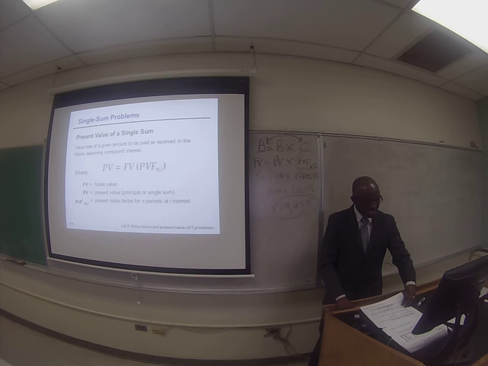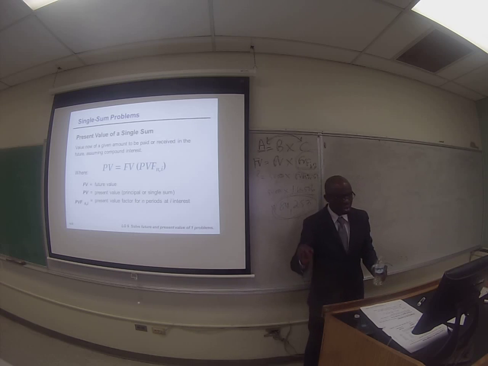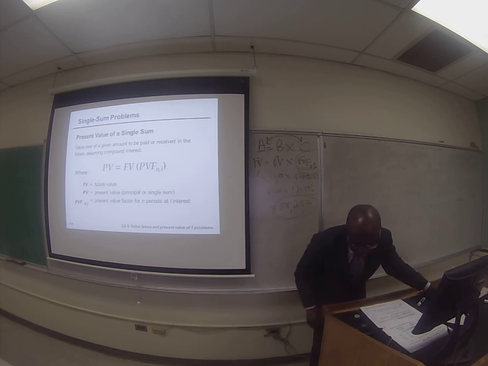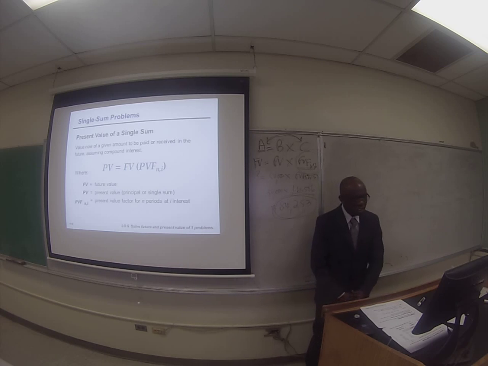Okay, moving along, let's take a look at single sum. We are still dealing with single sum problems. We are going to shift gear now and talk about present value of a single sum. So the present value is now the unknown.